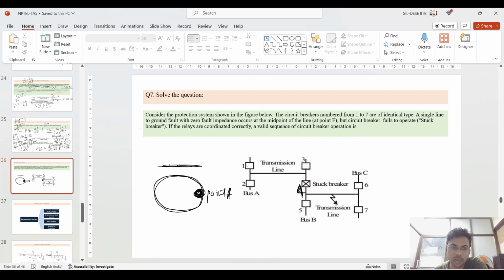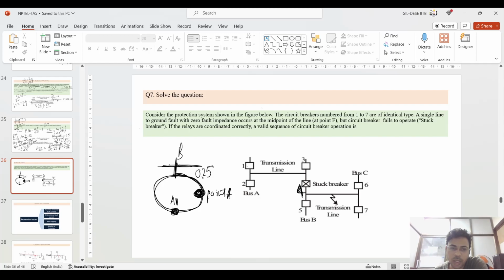When this point A meets this point of contact B, then the relay will operate.